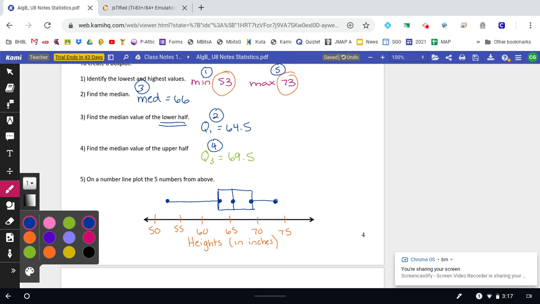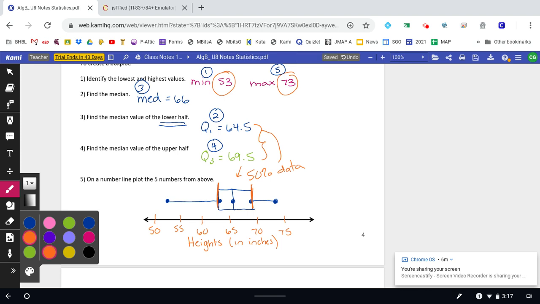What this is showing me is that most of the data, 50% of the data, is clumped right here to here. So we have most people lying between these two numbers.